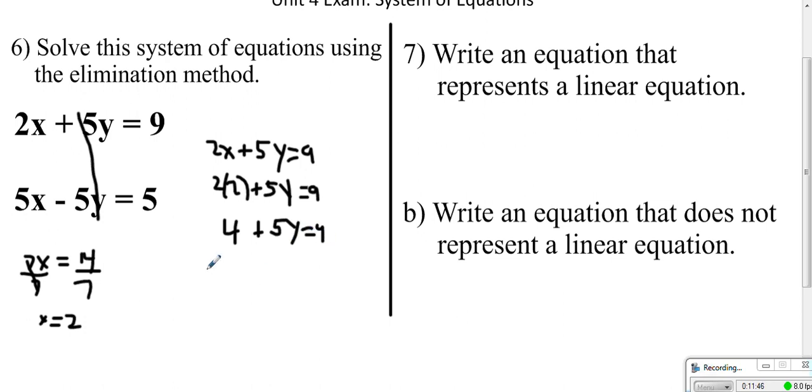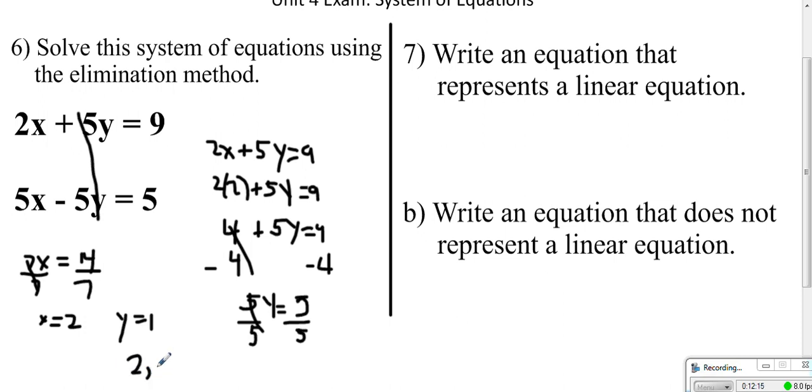Remember, you have to solve for y. So you're subtracting 4 from both sides. So that's 5y equals 5. You divide by 5, and y equals 1. Right? So it's 2, comma, 1. That's where the lines intersect. That's the system of equations.